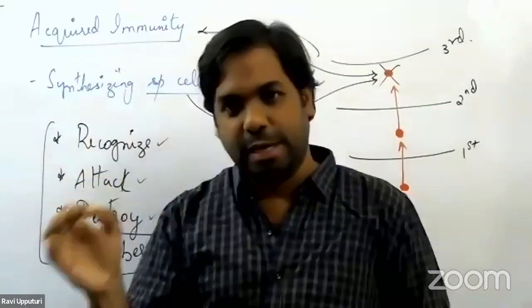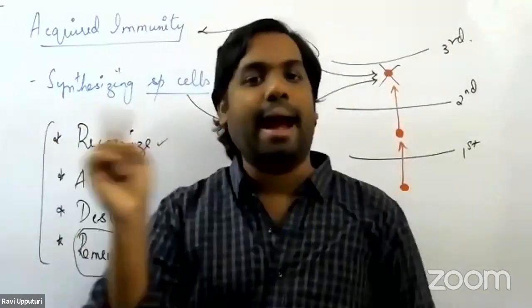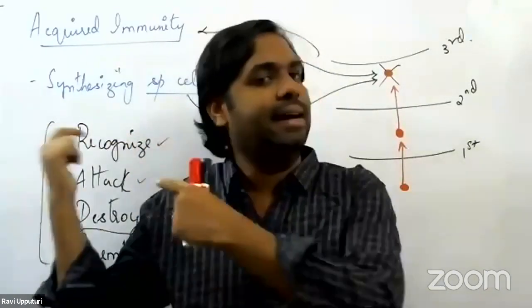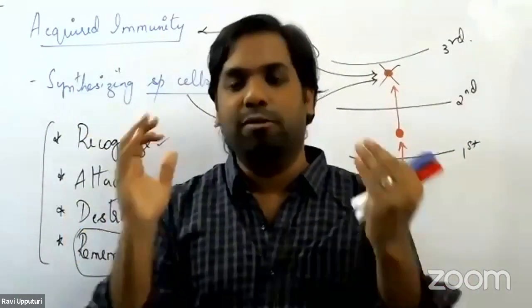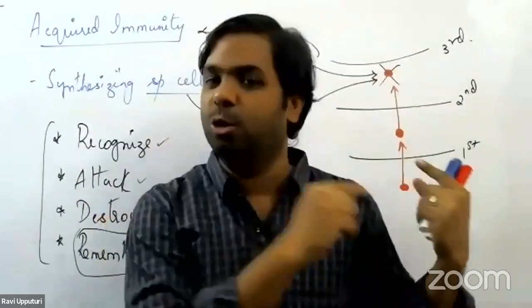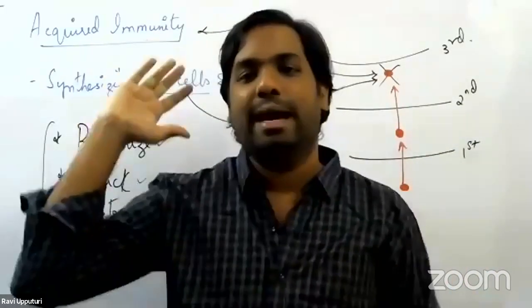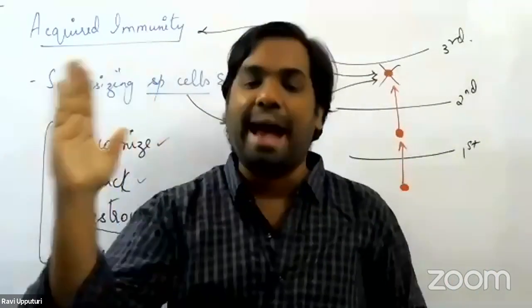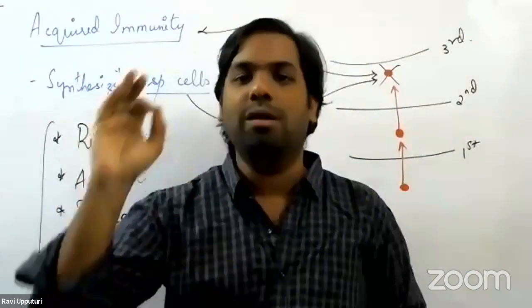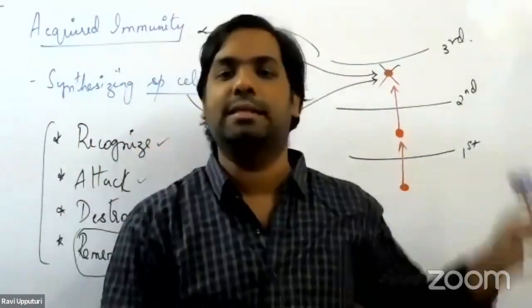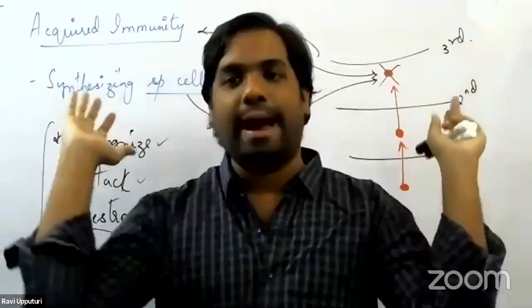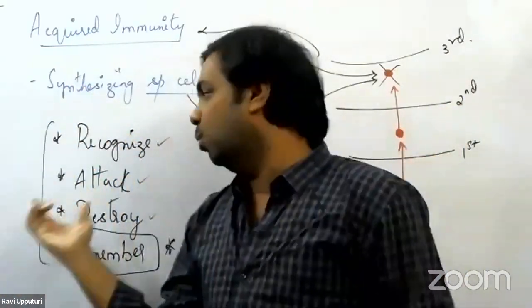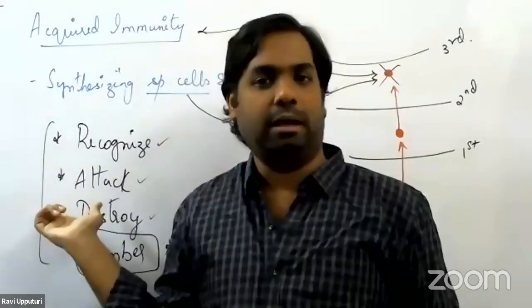As I've already said, the synthesis and activation of these cells and antibodies usually takes time on the first encounter. Once synthesized and activated, they are all set to fight against that particular pathogen, and all the activated cells together start attacking it.